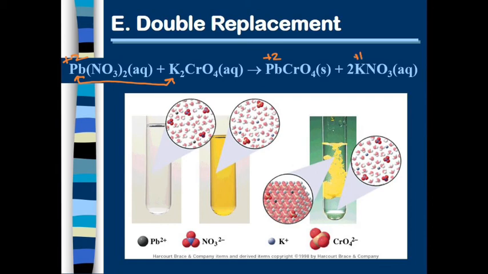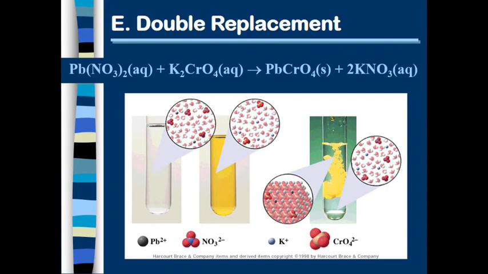Potassium always has a +1 charge. Nitrate, right in there, has a -1 charge. Those cancel. Chromate on your table of ions has a -2 charge. Those charges cancel, and that's why you see the products that you do, because if you're predicting products, you will have to work with charges for these ionic compounds.